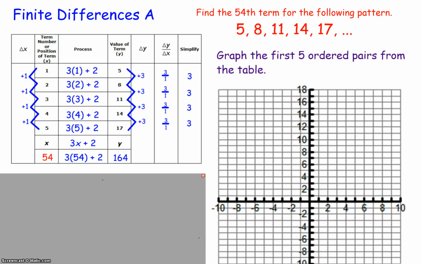So let's talk about the graph. Our first term would be what? 5, so go over to 1 and up to 5 and put a dot. 2 was 8. 3 was 11. 4 was 14.